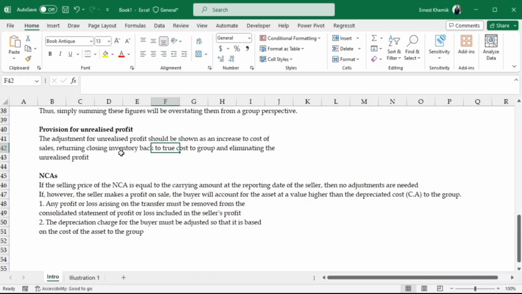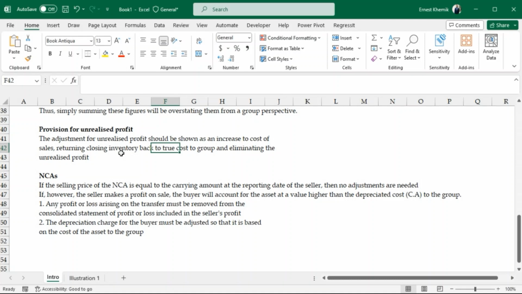So any unrealized profit has increased the closing inventory, which actually reduces our cost of sales. So adding it back is going to reduce the effect that the closing inventory had on the cost of sales. That effect is by reducing the cost of sales, so we have to add it back.